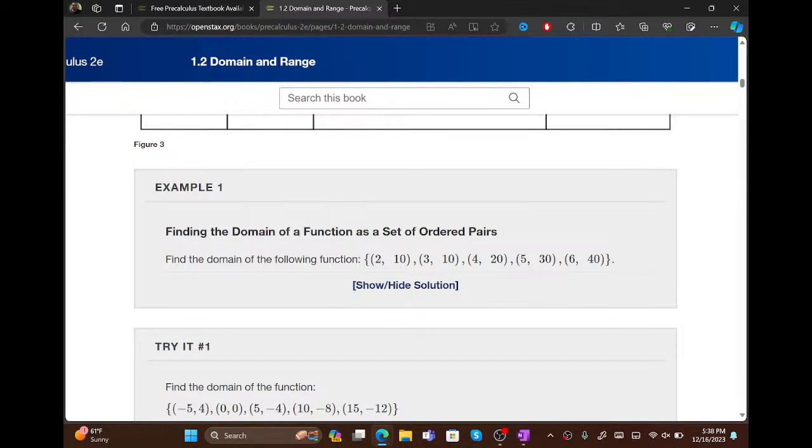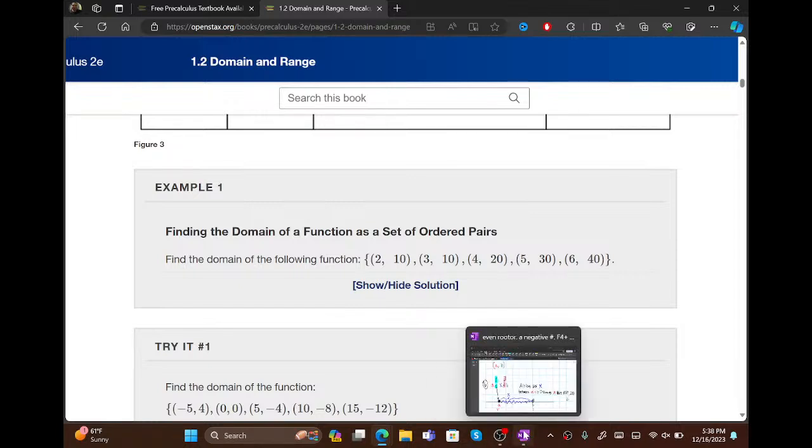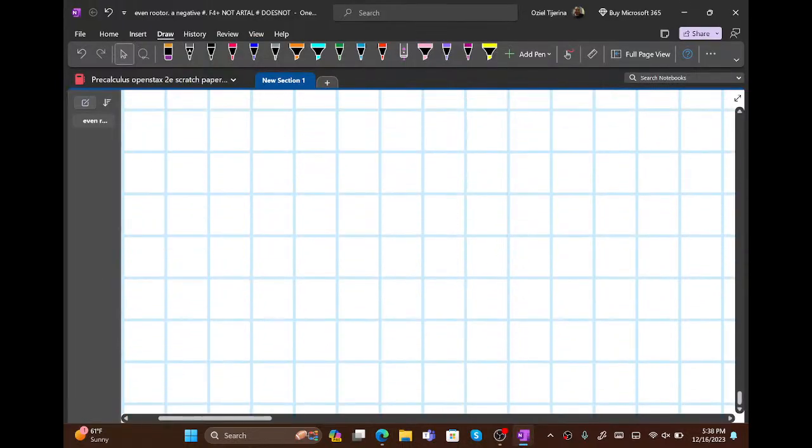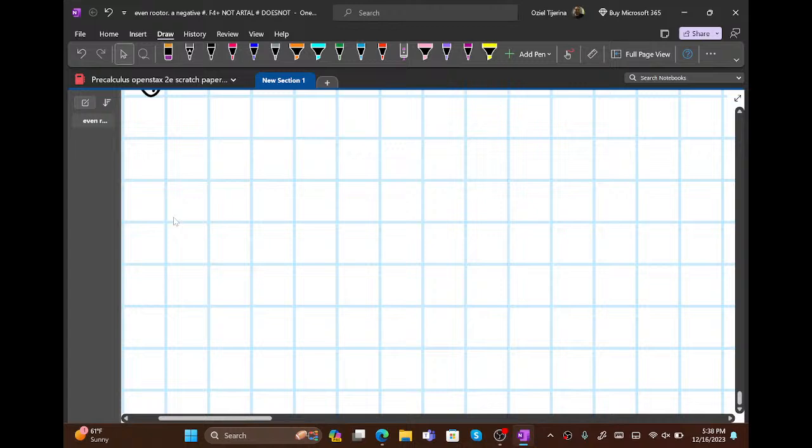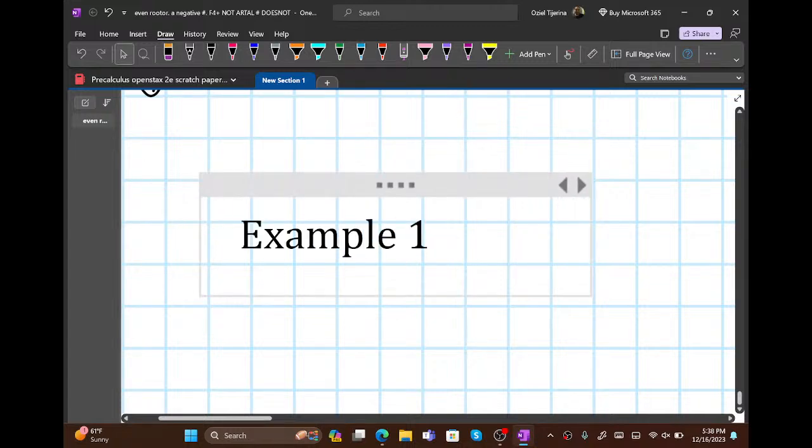So our problem says the following, and we're going to go ahead and write this down. I'm going to do it, so this is example 1.